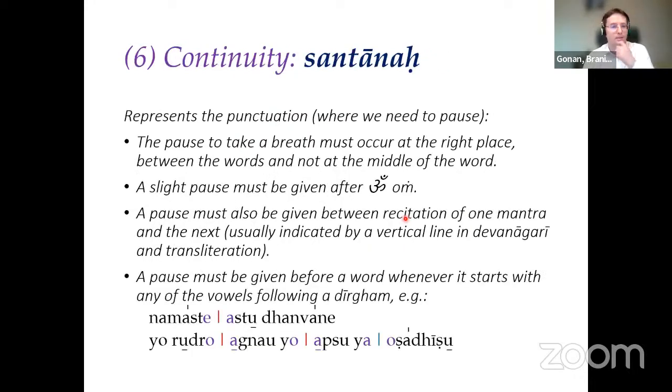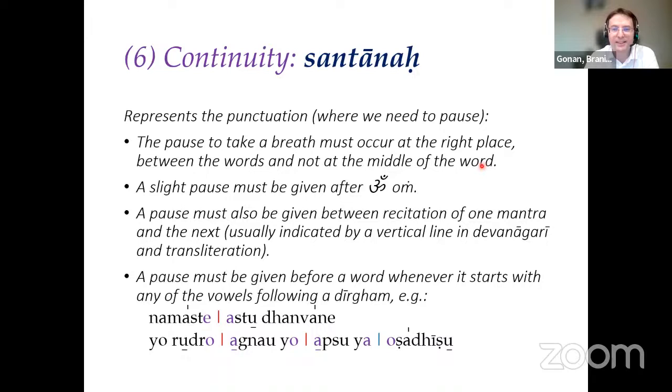And then the last, but not least, is continuity or santana rule. So those are the stops or the places where we need to pause. Of course, some are logical, but this one we tend to somehow forget, and then we tend to breathe in the middle of the word, right?